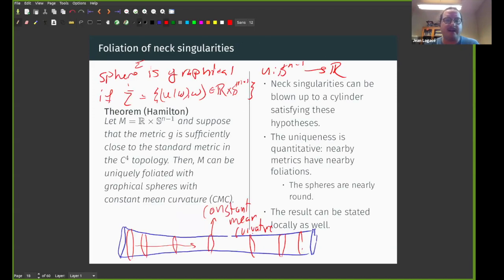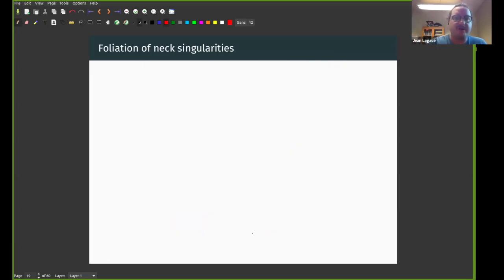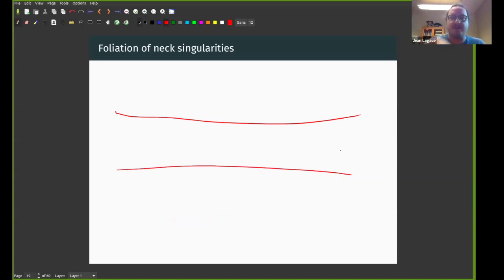Now, if I go back here, or at least I'll use this for my drawings. The idea in terms of proceeding with the surgery is that I will choose 2 points on this cylinder, and I will cut along a leaf of constant mean curvature.